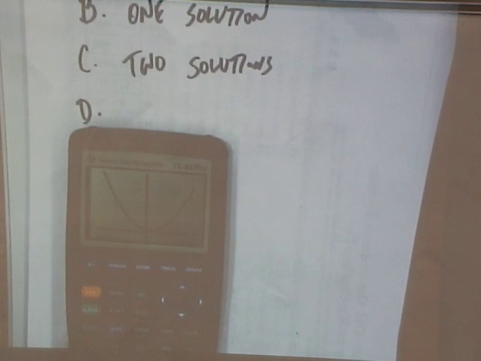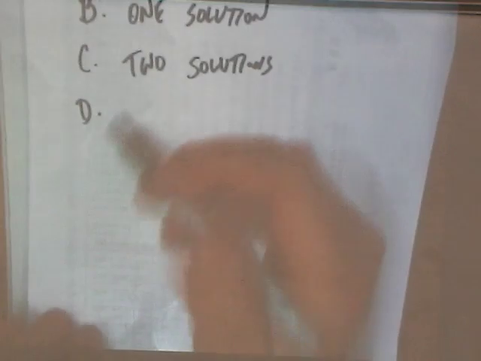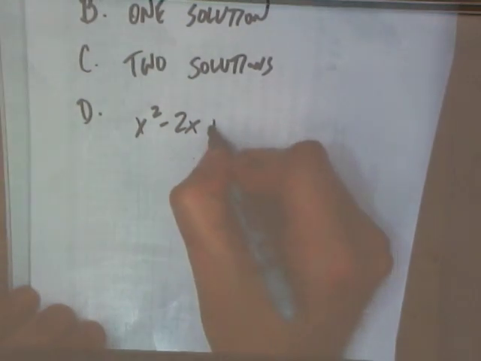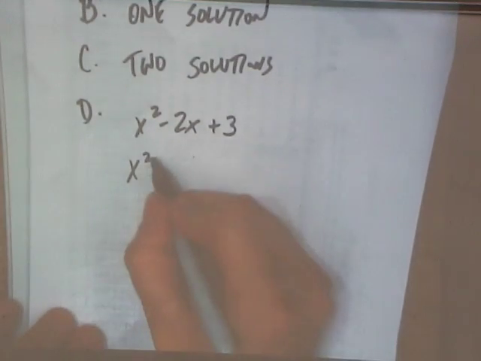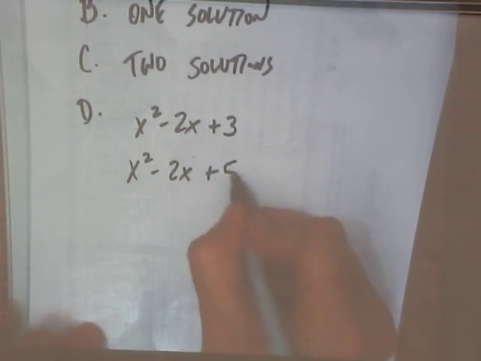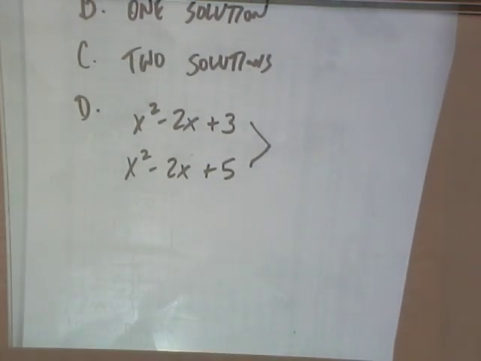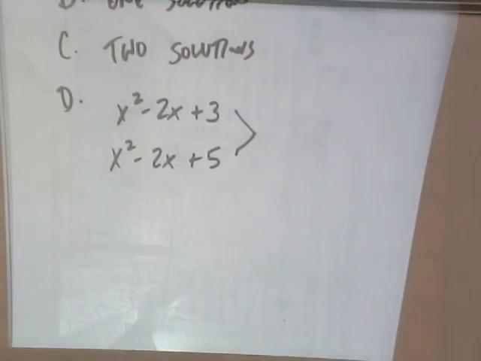Oh. Look at the equations. X squared minus 2x plus 3, right? And the other one's x squared minus 2x plus 5. What's the difference from here to here? 2. I added 2 to the very end of this equation to get this one, right? That's all we did.